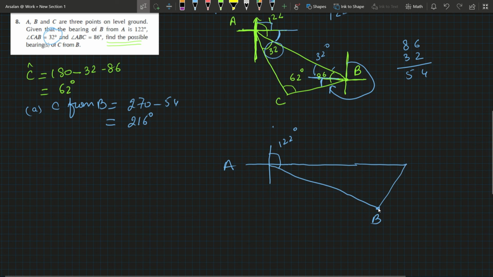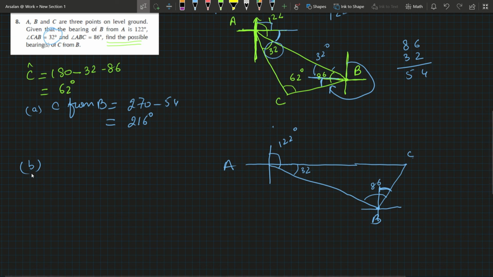And then C will be somewhere here, and this angle would be 32, and this is 86 given in the question, and I need to find the bearing of C from B, so there is my bearing axis, and the answer required is only this angle, and this is easier to find, right? So I'm separating it from the previous part.